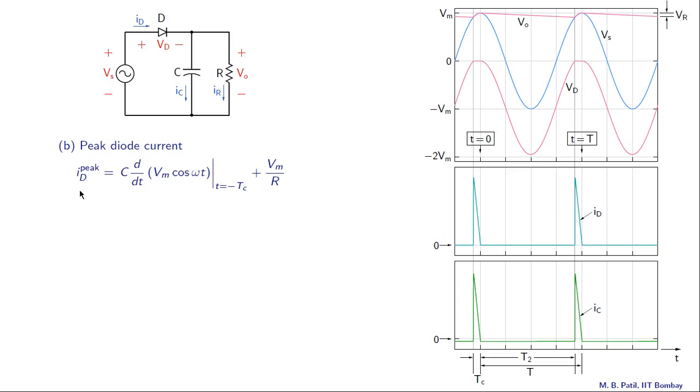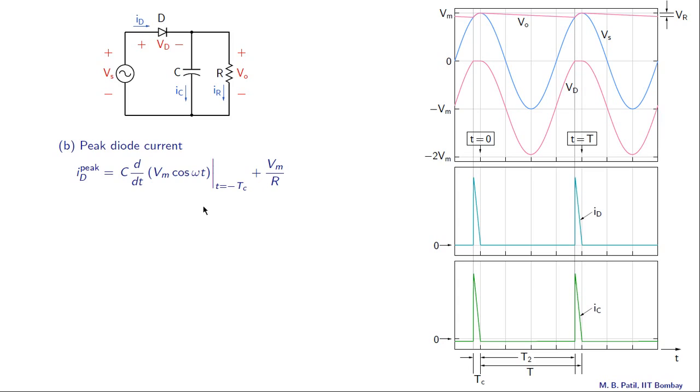So that is the equation for the peak diode current: C dVs/dt evaluated at t equal to minus Tc, plus the resistor current IR, which is approximately constant, Vm by R. Vs is Vm cos omega t, because we have taken our time equal to 0 at this point here.